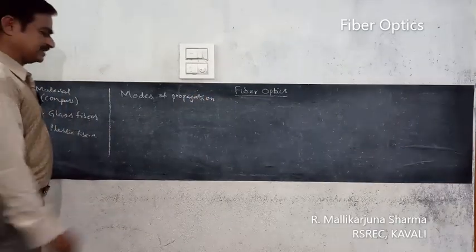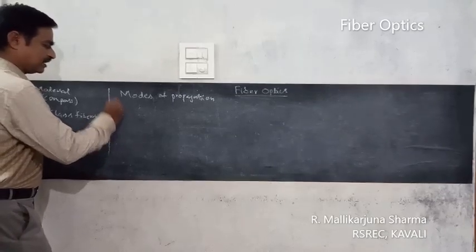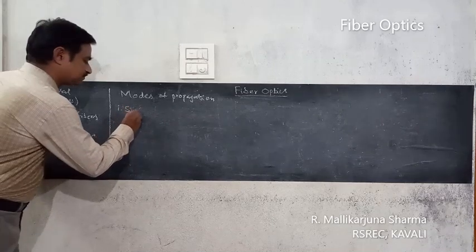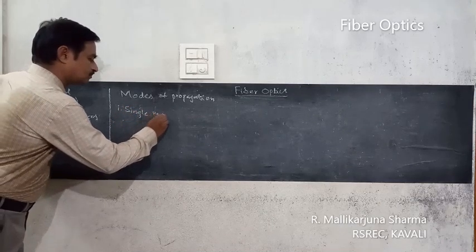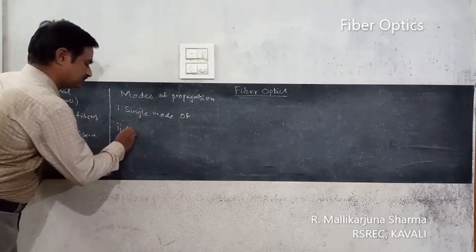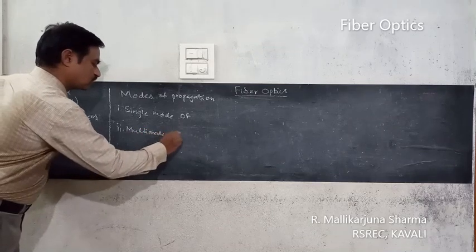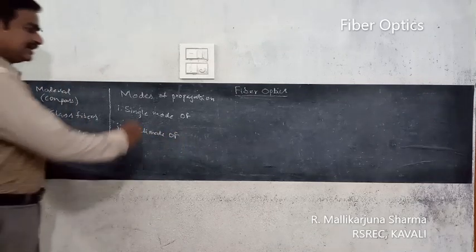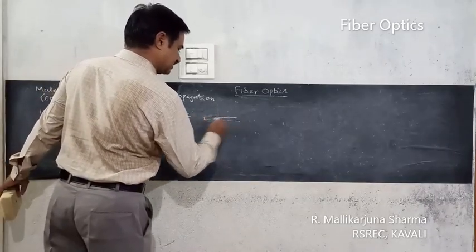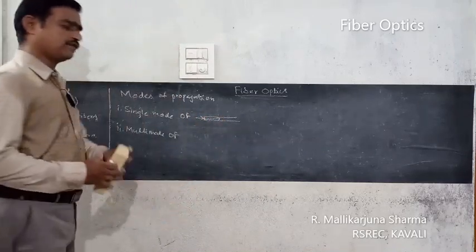Then the second one is modes of propagation. Depending on modes of propagation, again we have two types of classification: single mode optical fiber and multi-mode optical fiber. In the case of single mode optical fiber, the core dimension is very thin, so that it allows only one type of propagation of light.